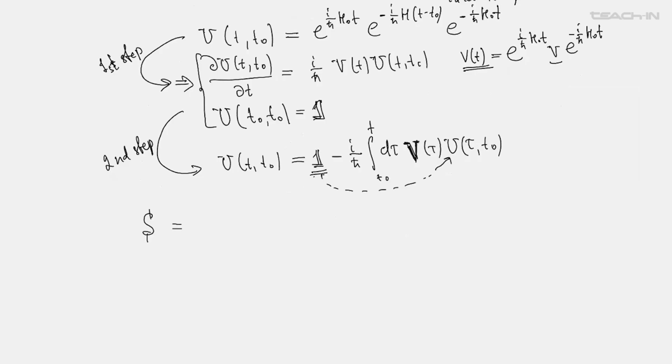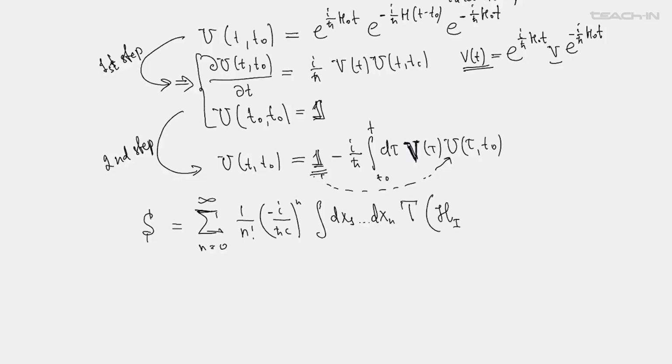So you write it as a Taylor series, sum from 0 to infinity, 1 over n factorial, minus i divided by h bar c to the power n, and then the n-fold integral, dx1 and so on, dxn, T-ordered product of the interaction piece of the Hamiltonian, H_I(x1), H_I(x2) and so on, where I stands for interaction, H_I(xn), like this.